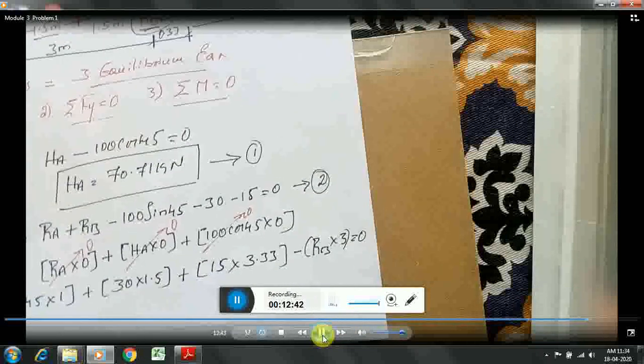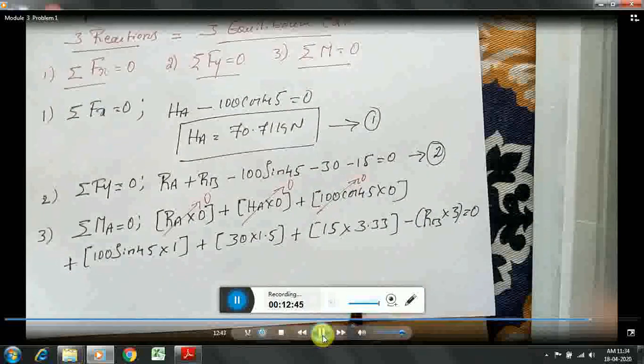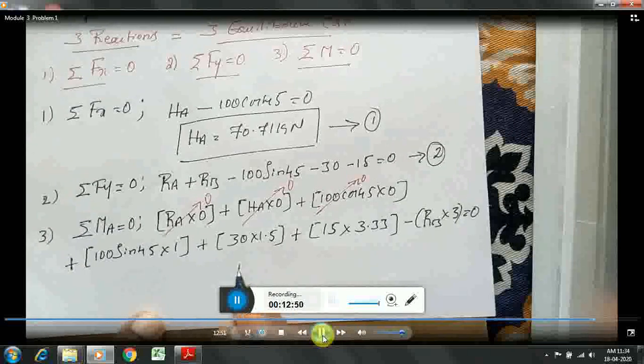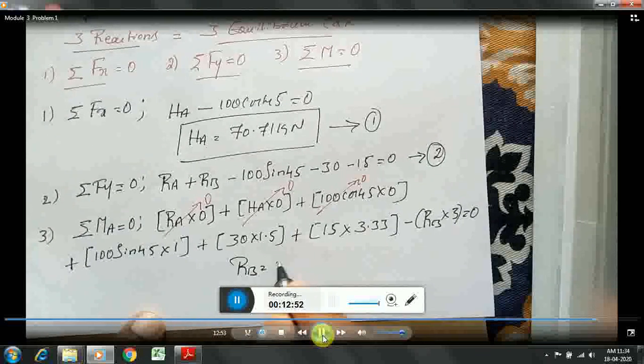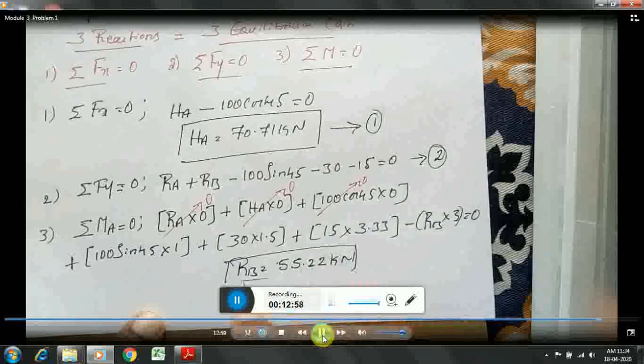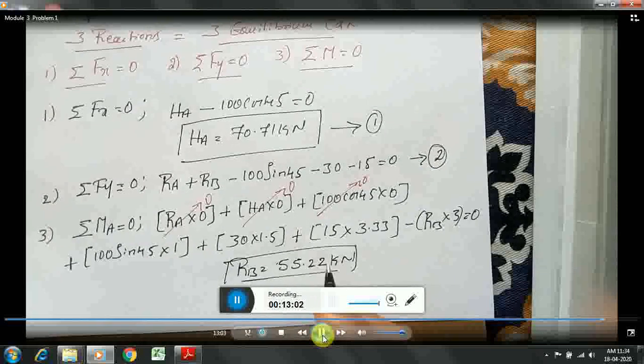From this equation, if you further simplify, after simplification, you will get RB value as 55.22 kilonewton. That is the value of RB you will get from this third equilibrium equation.